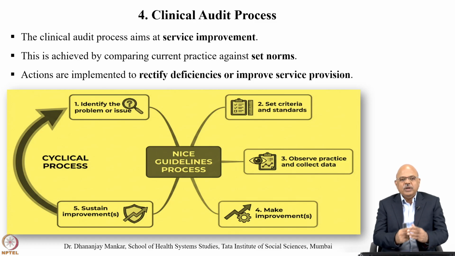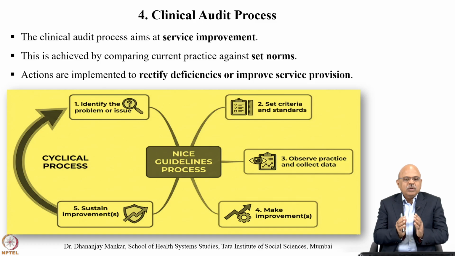What is the process of clinical audit? First, identify the problem or issue. Second, set criteria and standard. Third, observe practice and collect the data. Fourth, make the improvements. And lastly, and very importantly, sustain the improvement that has been made by the entire team or by the hospital.